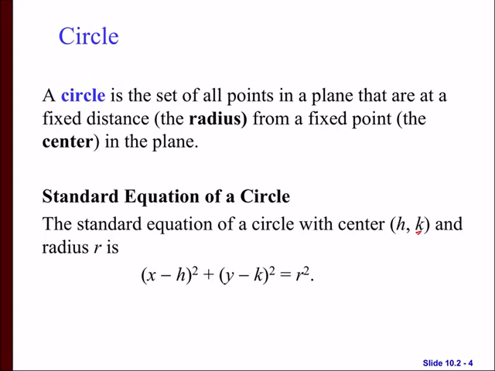So y minus the y-coordinate will form the y term, which is y minus k squared, equal the radius squared. So the constant term on the right-hand side represents the square of our radius. So we have the sum of two squared terms, and coefficients of both terms, right, are 1. So a key characteristic of a circle equation is the coefficients are 1, or it can be reduced to 1.